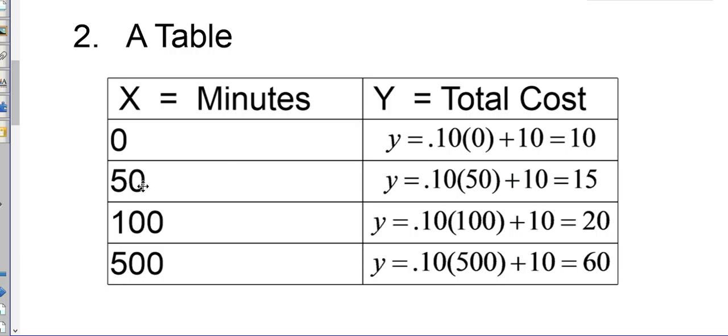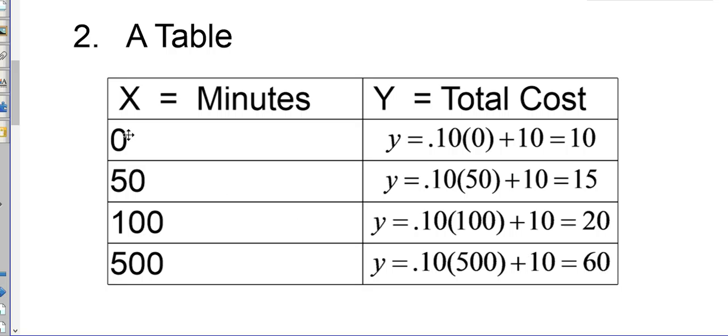If you use 50 minutes worth of calls, then you take 10 cents times 50, and then add $10 to that, and that comes out to $15. 100 minutes, 10 cents times 100 plus $10 equals $20. And 500 minutes used, 10 cents times 500 plus the $10 monthly fee equals $60.